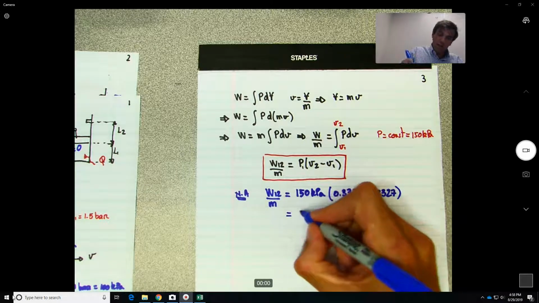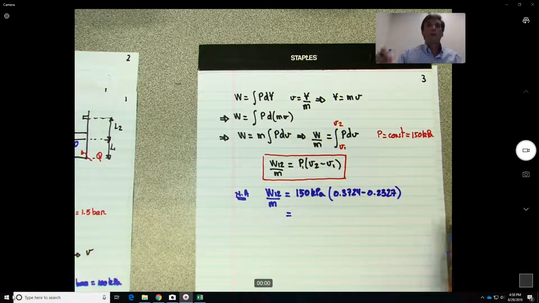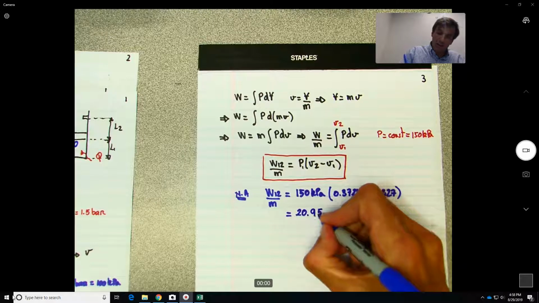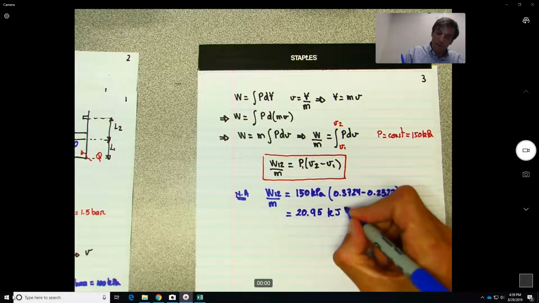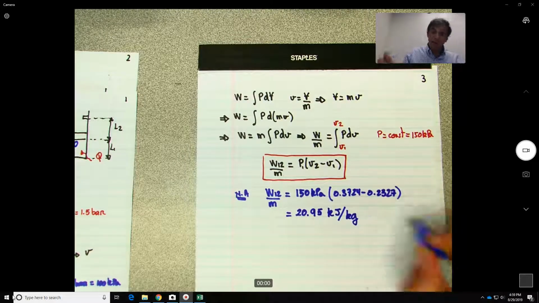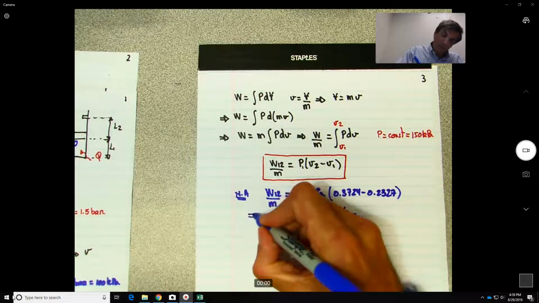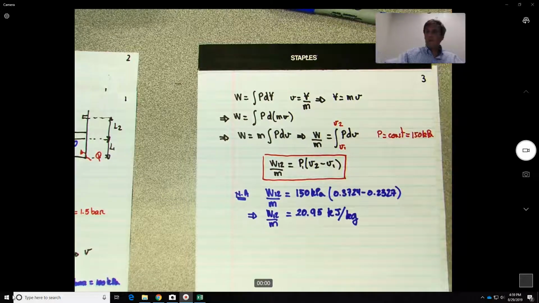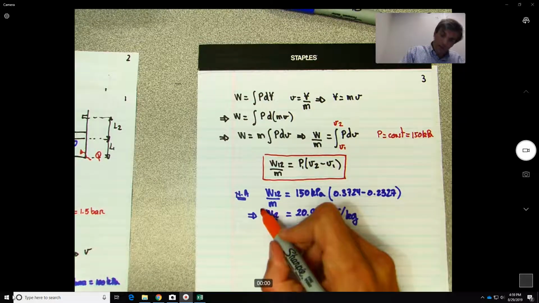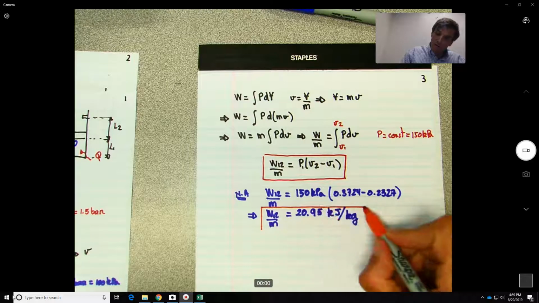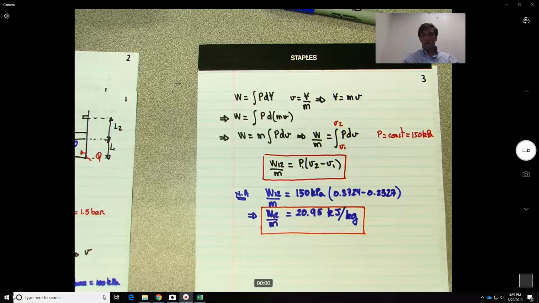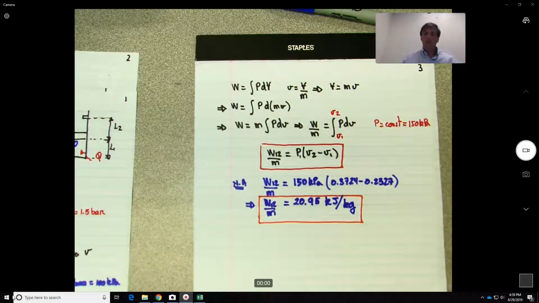That is equal to 20.95 kilojoules per kilogram. So that will be the work between 1 and 2.